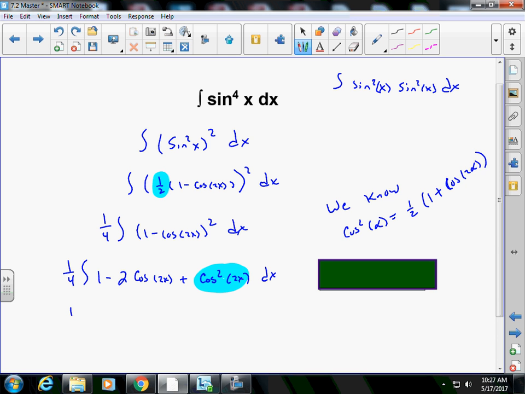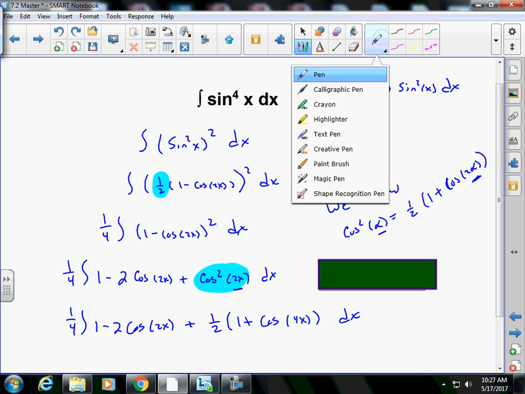So I have the 1/4, 1 minus 2 cosine 2x. I already know how to handle that part. Now I have the new part. Plus, I have a 1/2 times 1 plus cosine. My alpha here is 2x, so I need 2 times my alpha, 4x, dx.